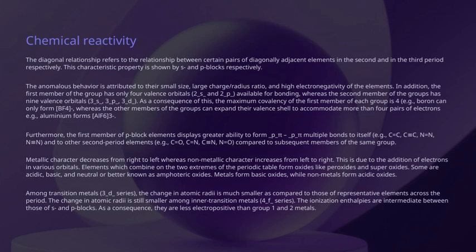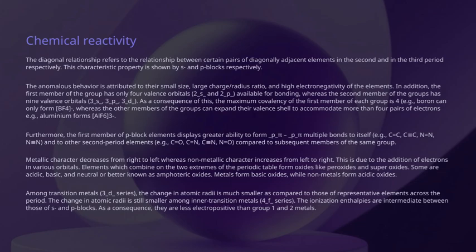Moving on to the p-block elements, the first member in each group shows a greater ability to form pπ-pπ multiple bonds, like C=C, C≡C, N=N, or N≡N. They also tend to form bonds with other second period elements, such as C=O or C≡N.